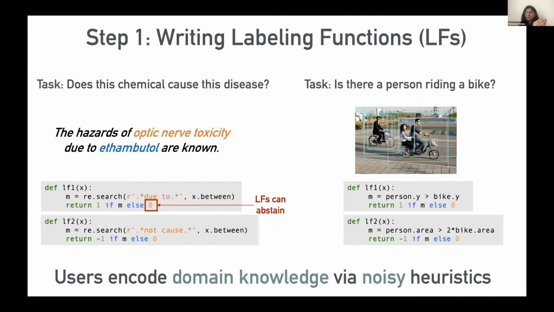They can only label the ones that they're confident about. Going back to the spam example that we had, with this ability to abstain, what we would do is say, hey, if the phrase I need money is in the email, then it's probably spam. But if the phrase I need money is not in the email, we don't know. So we'll just abstain from voting.